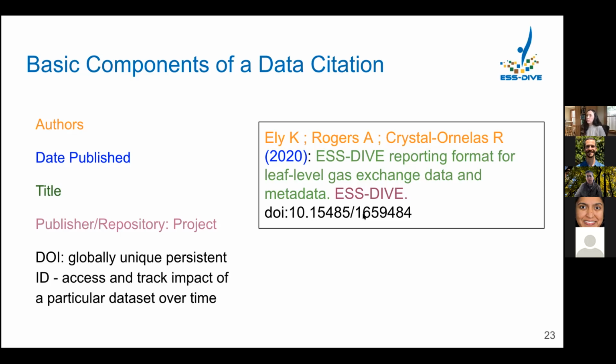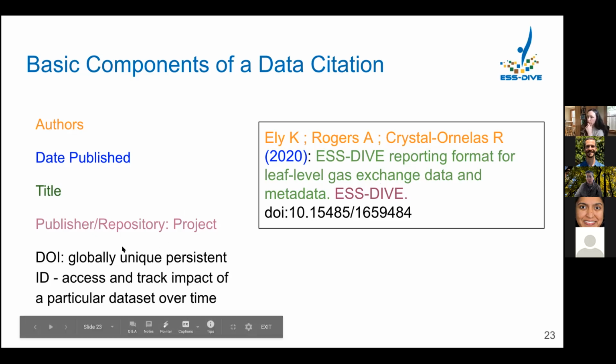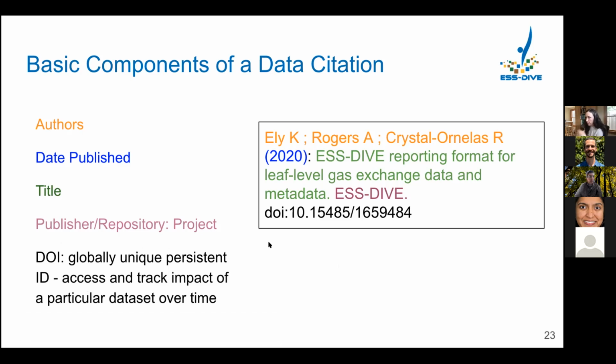And this is really what people know, and it enables people to find the data set and understand what that data is. In this case, it is ESS-DIVE, but I'll show you another example in a minute. The other component is the DOI, and this is, again, the globally unique and persistent ID that doesn't change over time, and it allows us to access and track the impact of data sets over time.